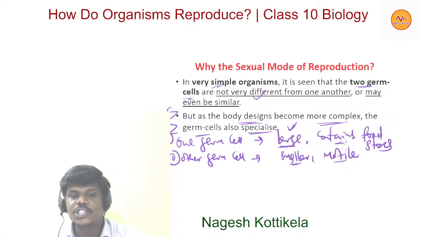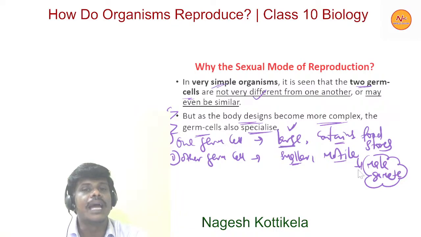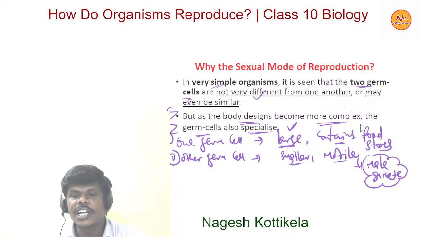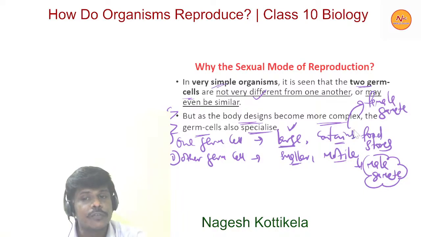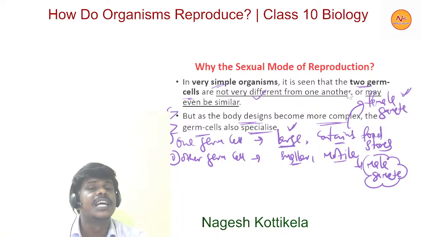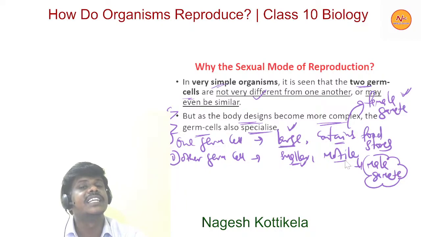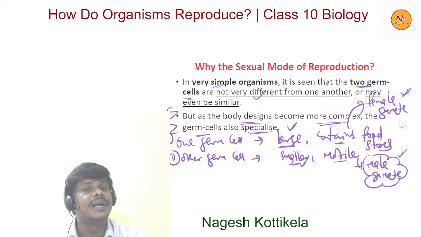Conventionally, the motile germ cell is called the male gamete, and the germ cell containing the stored food is the female gamete. So the germ cell which is large in size and stores the food material is the female gamete, but the germ cell which is smaller and motile is the male gamete. This is how in highly evolved organisms these germ cells are formed.